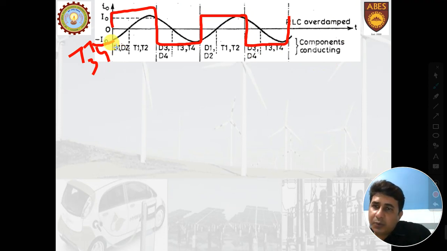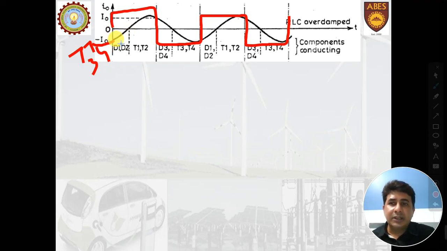Now, at the zero point, the thyristors T1 and T2 are fired, but at the same time T3 and T4 are to be commutated here. This is the point where T3 and T4 are forcefully commutated, and the current is already flowing through them. This current is flowing through the load.